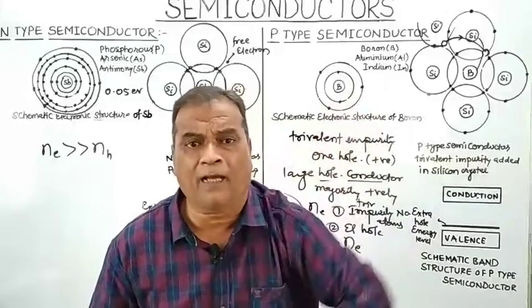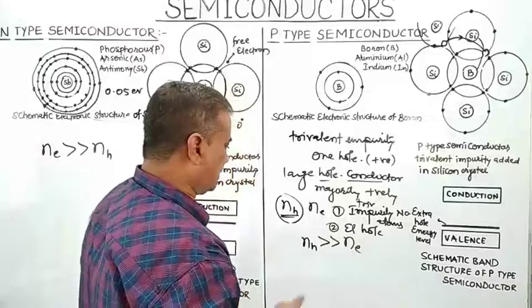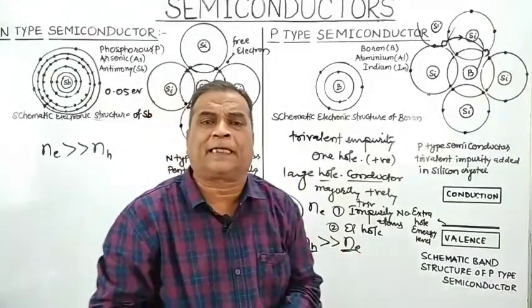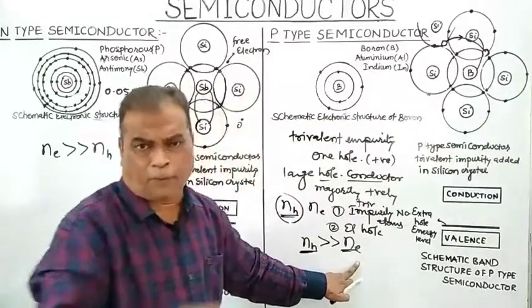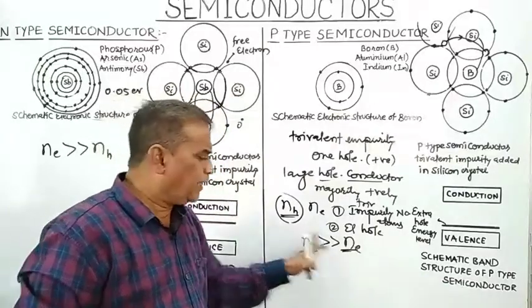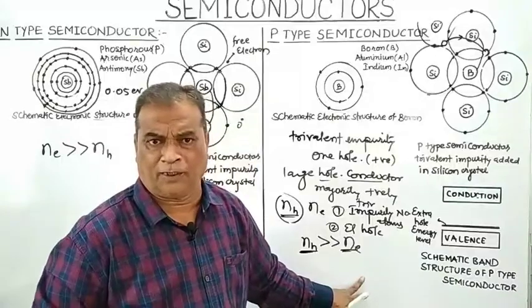A negatively charged ion. Next point, in a P-type semiconductor, the number density of holes is much greater than that of free electrons, meaning the number of holes per unit volume is very large as compared to that of free electrons per unit volume.